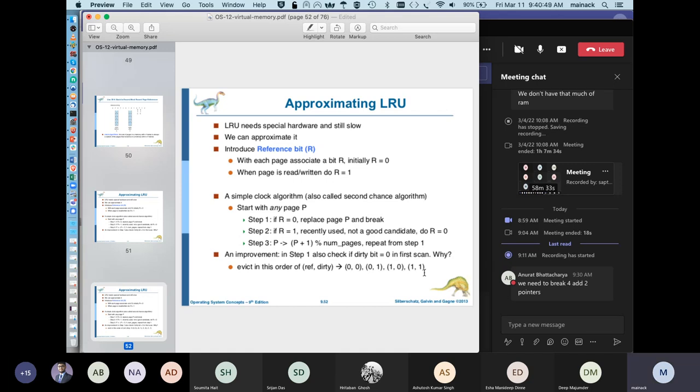So if someone has accessed the page recently, LRU says that it will be accessed again. So if r equal to 1 and you evict it, you need to bring the page back very soon. That will add up to your number of page faults, add up to your cost of reading the disk. You don't want that.